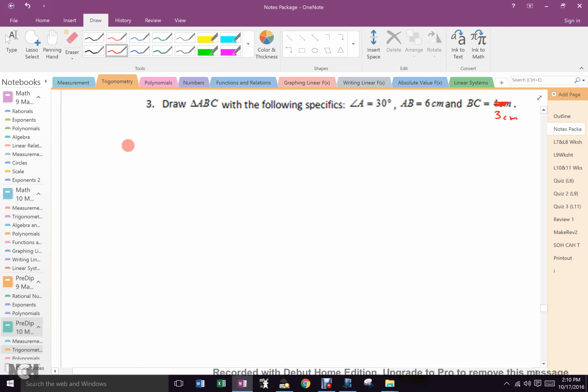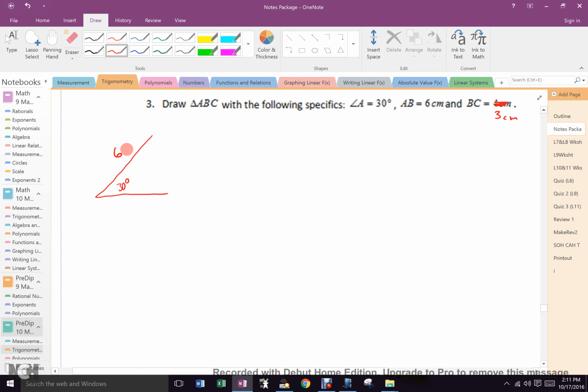I need an angle of how much? 30. Does it matter what I actually draw it as? No. 30 degrees. Everybody cool? Okay. And if that's 30 and AB is 6 and BC is 3, I'm going to go ahead and make this guy 6 because I'm in charge of this triangle, yeah?